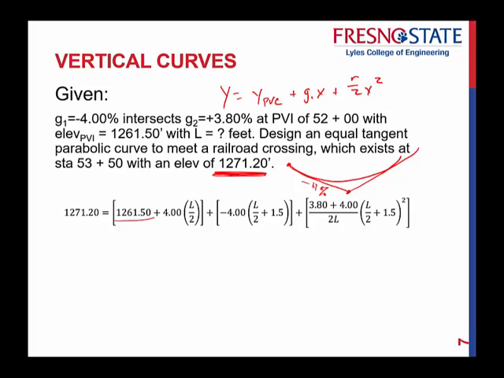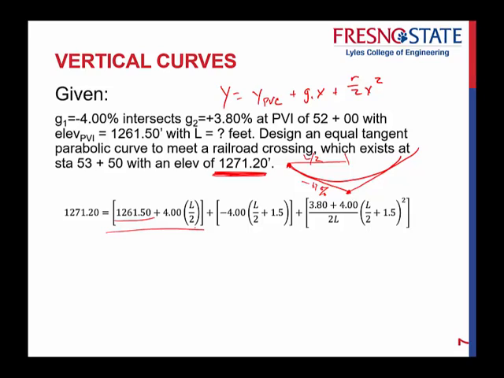To get back to the front right here, what are we doing? We're multiplying L over 2 by the percent grade plus the elevation at the PVI, which then gives us the elevation of our PVC. So we're just plugging this information in, and that's what you get right here.